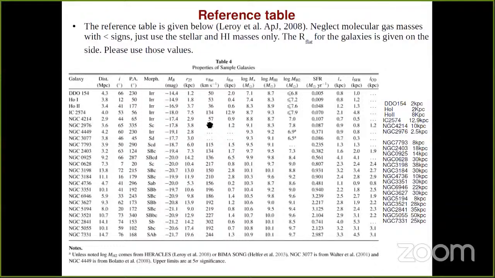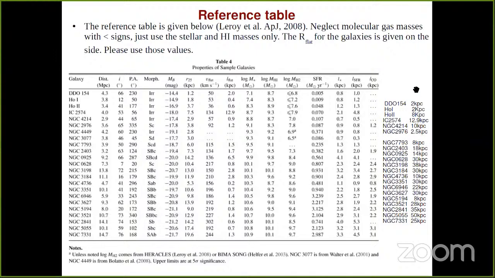For the radius at which you get the flat rotation velocity, go to the side, where against each galaxy I've given the distance. For DDO 154, it's 2 kiloparsecs. For NGC 7793, it's 8 kiloparsecs.